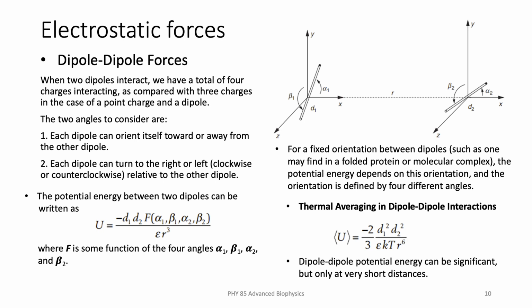There are 2 considerations in the dipole-dipole interaction. Number 1 is each dipole can orient itself toward or away from the other dipole. The second one is that each dipole can turn to the right or left, clockwise or counterclockwise, relative to the other dipole.